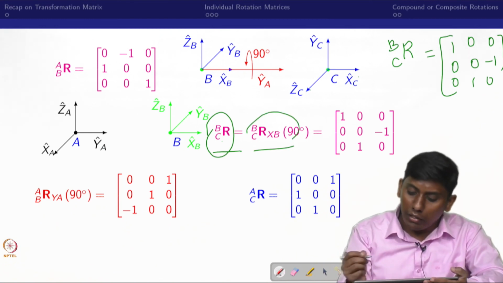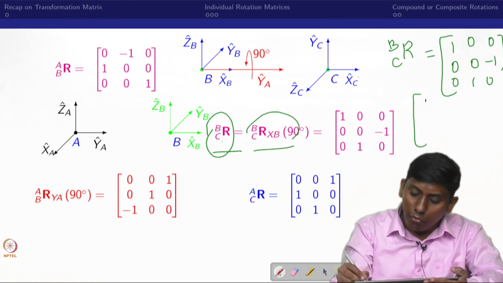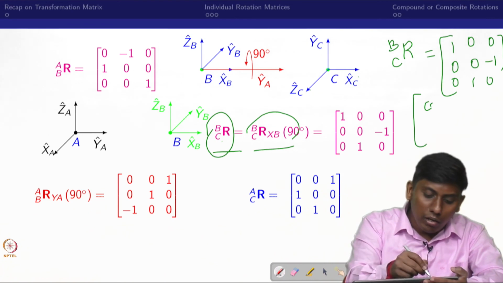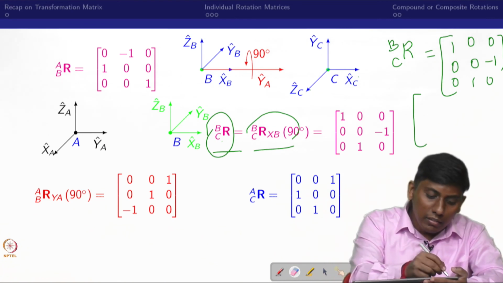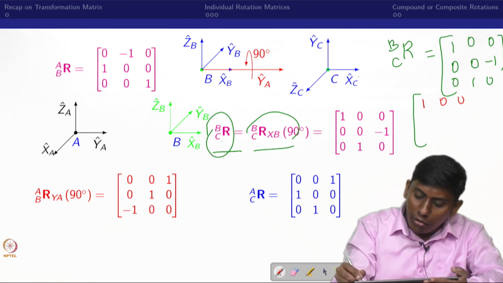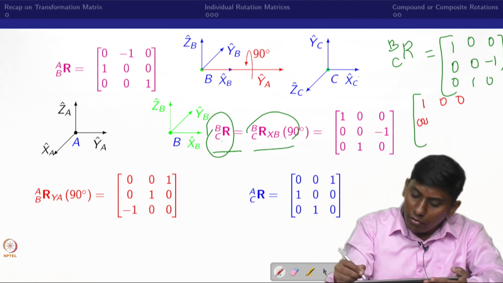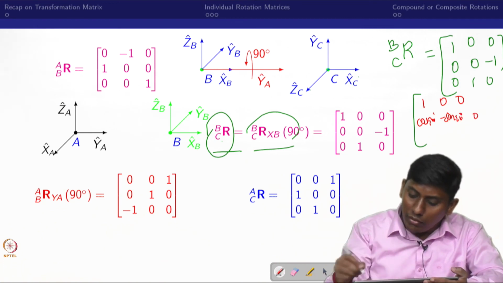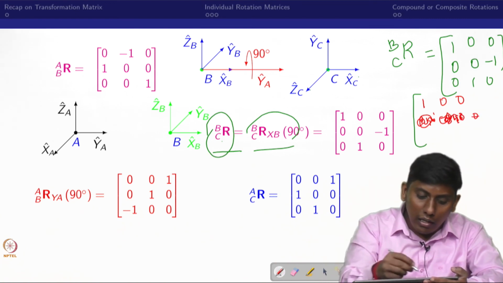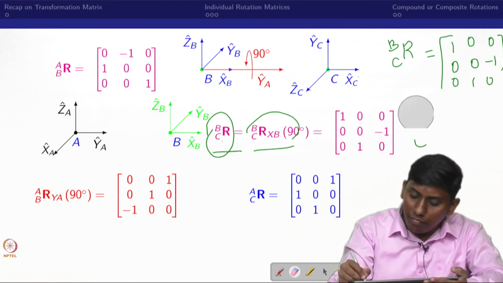So you can recall what that would be, if I write it correctly, that would be 1 0 0, then cos 90 degree, minus sin 90 degree. Sorry, this is 0, right, cos 90, I will just erase it and write it.